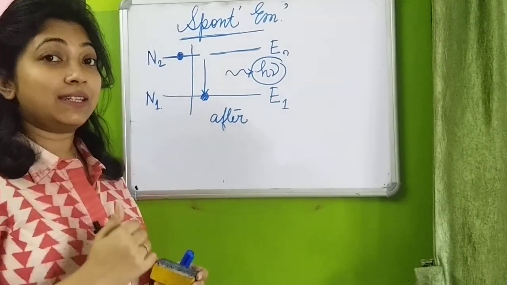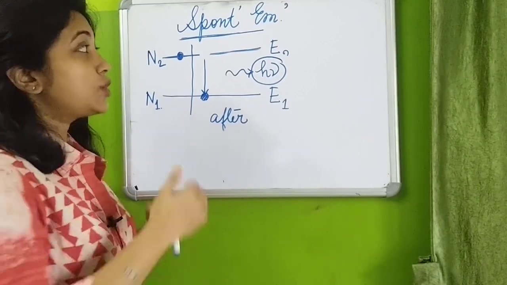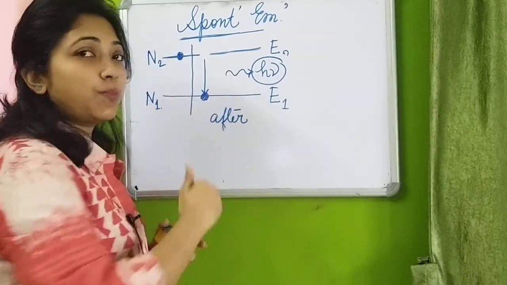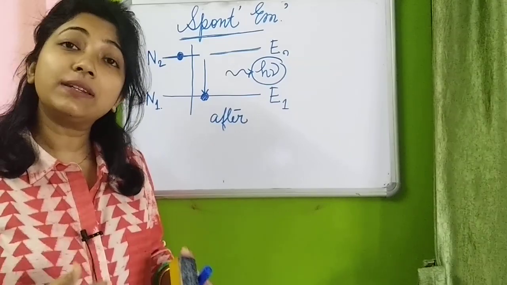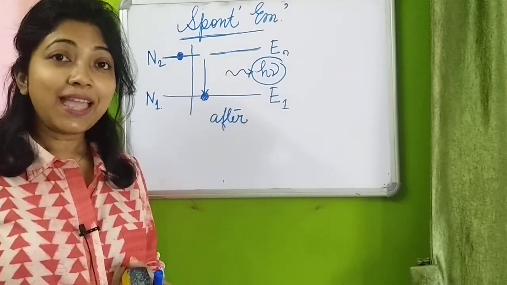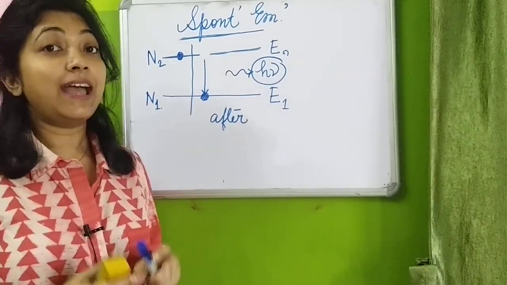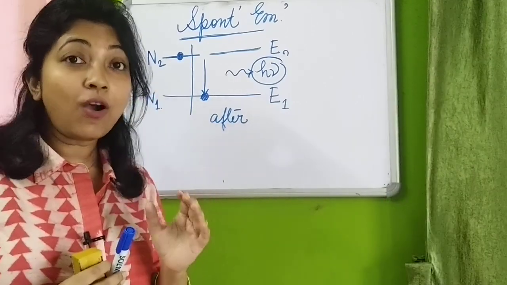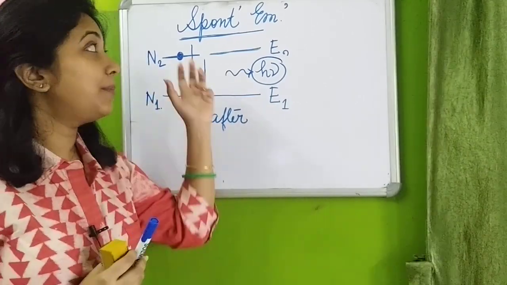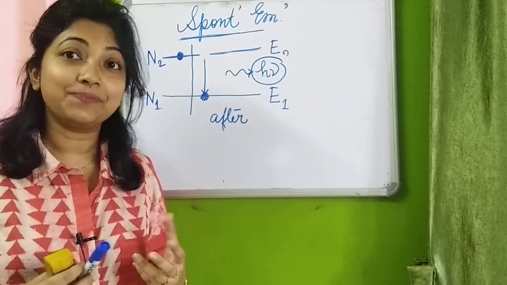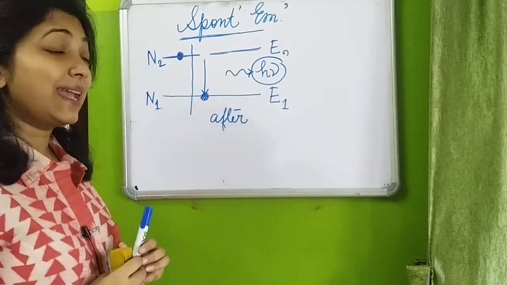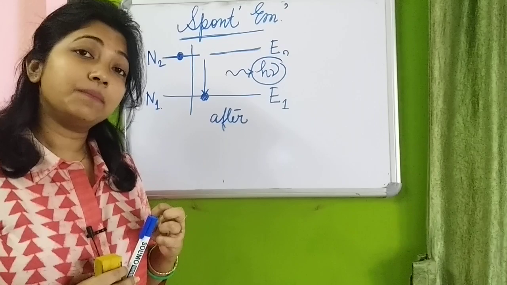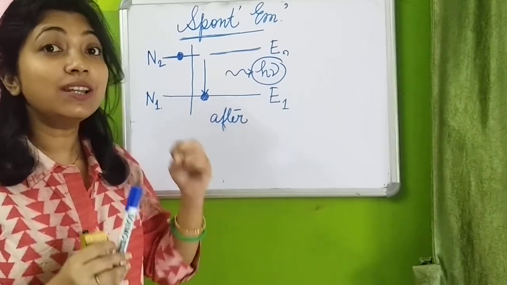Following the same idea, Einstein asked, if stimulated absorption is possible, why is stimulated emission not also possible? And that was actually the foundation behind the production of lasing action. So he said, why can't we have something called a stimulated emission as well?